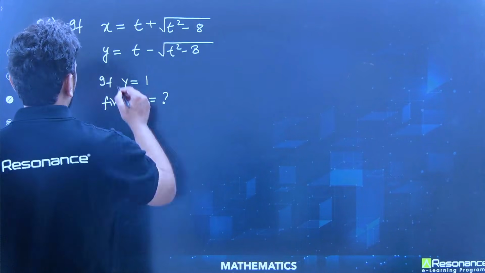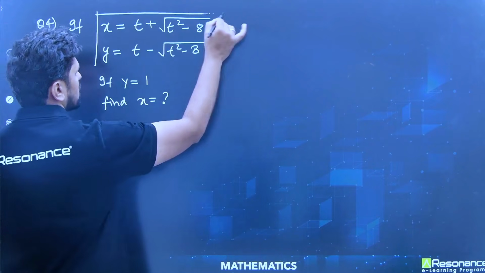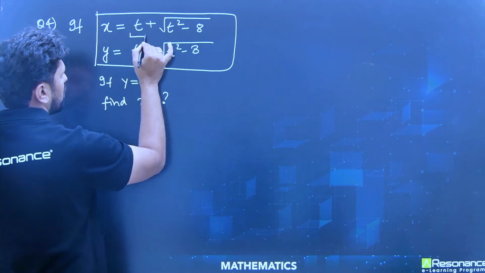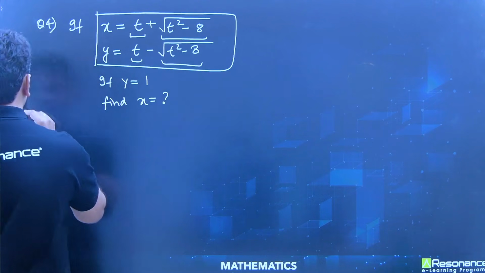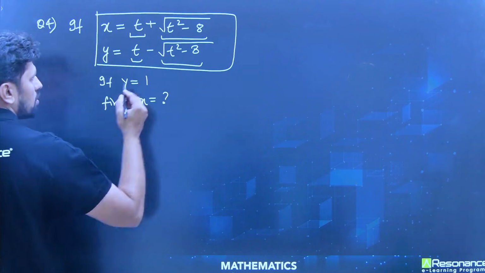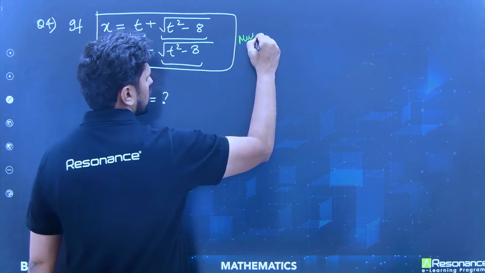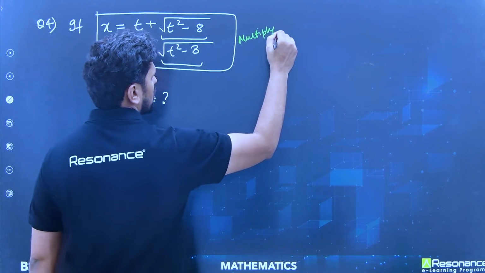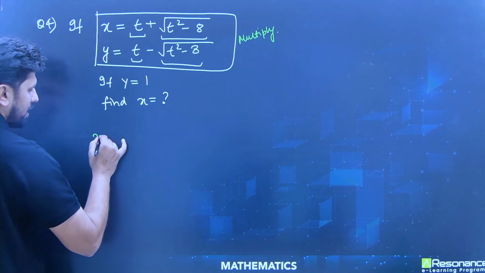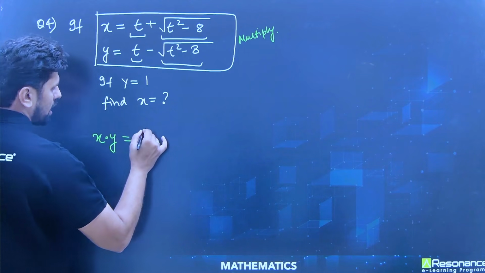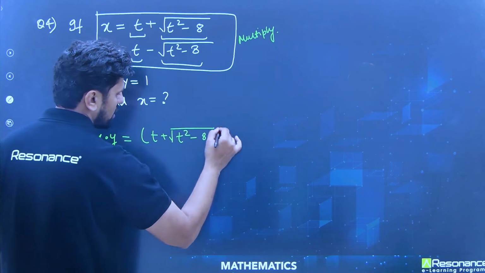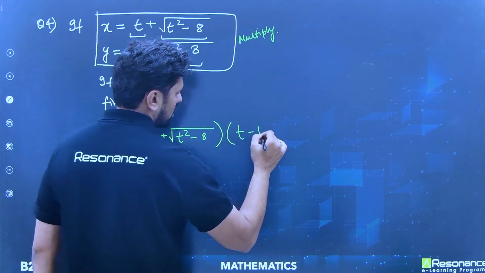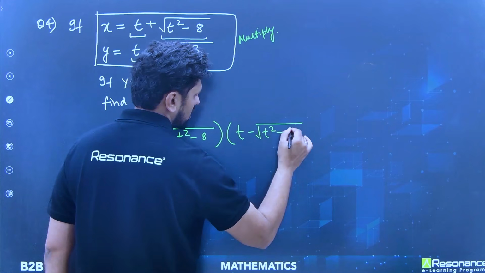So see here, what we will do in this question is, this is looking as a plus b and this is looking as a minus b. So we will multiply these two. When we multiply, we will get x into y in LHS, and here t plus under root t square minus 8 into t minus under root t square minus 8.